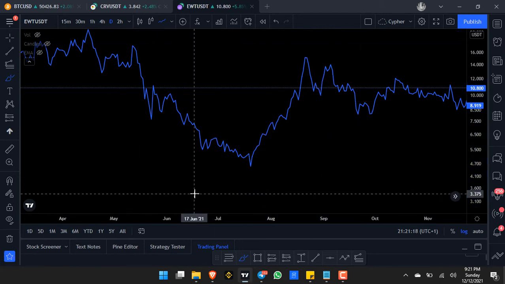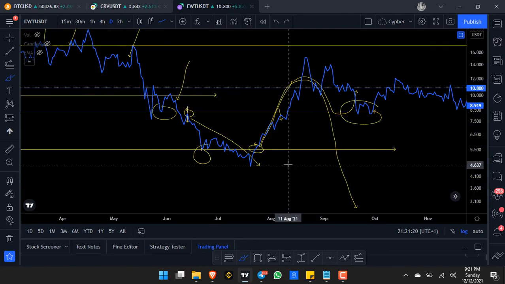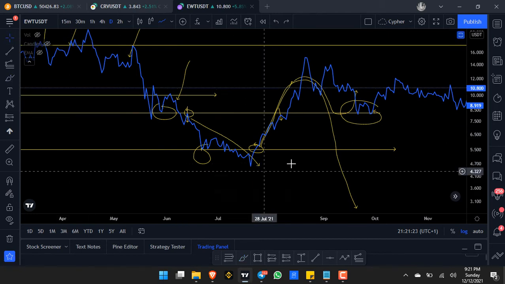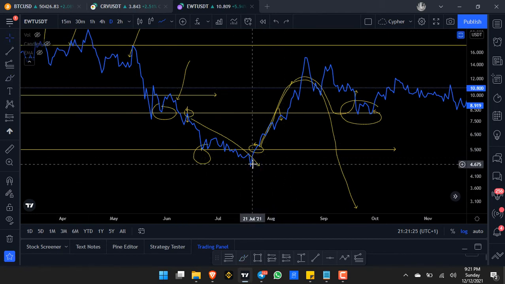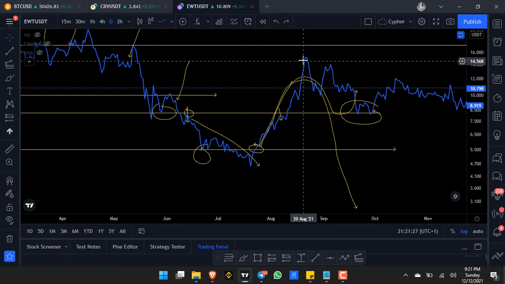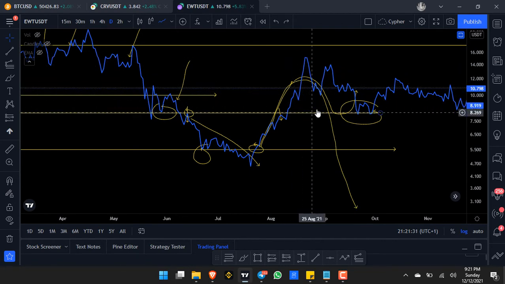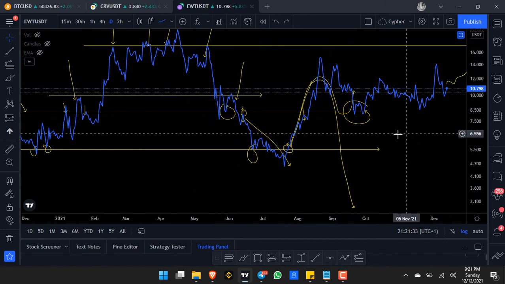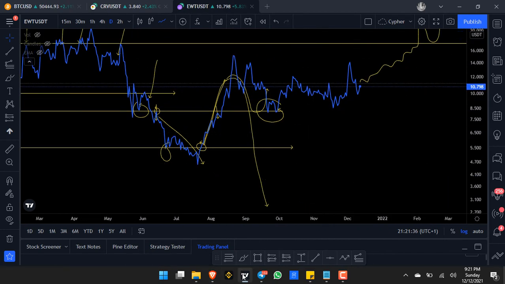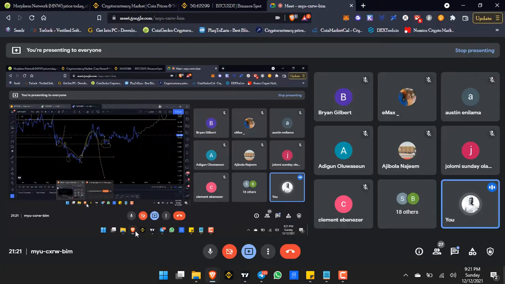But if you are able to buy at a support level and you follow it to the resistance level, you will be in profit even if it decides to come down a bit before it continues back up. I hope what I'm explaining makes sense.